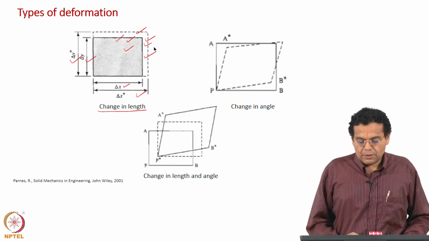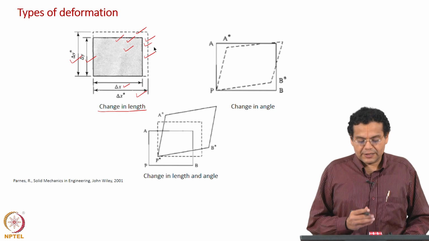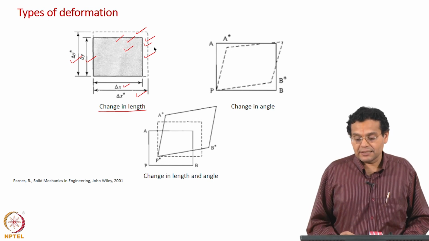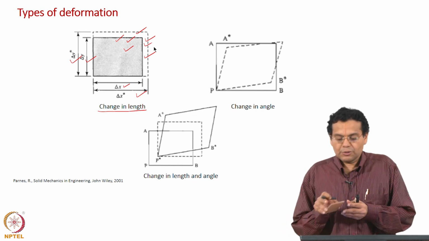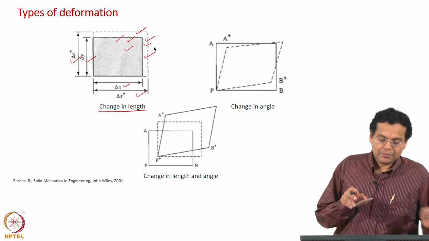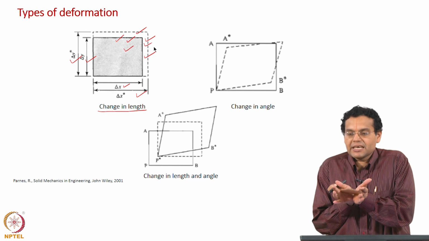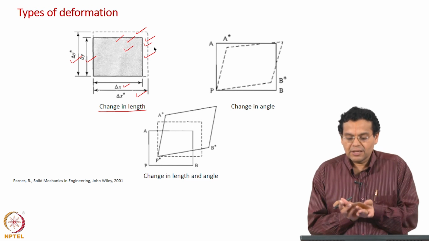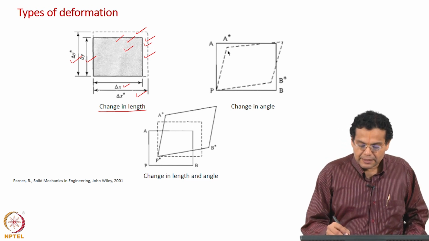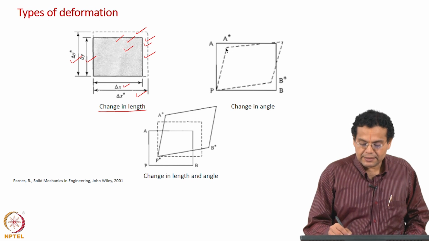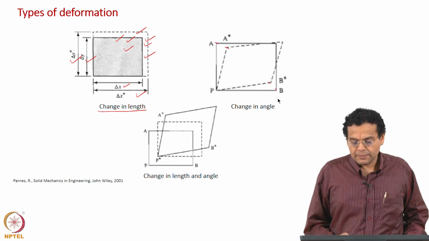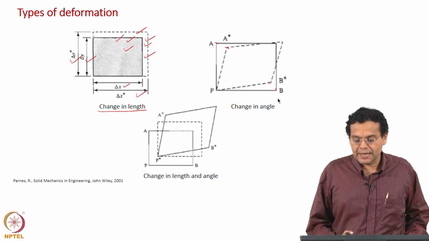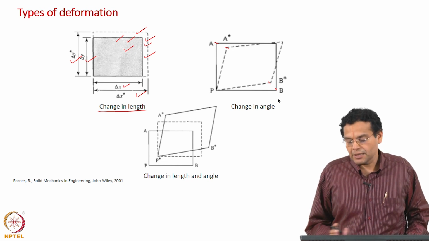Now, instead of change in length, there could be change in angle as well. What happens? You take the plate and let us say you apply a shearing force like this. In this particular case, the length almost remains the same: the lengths of PA and PA star are almost the same, and similarly PB and PB star.